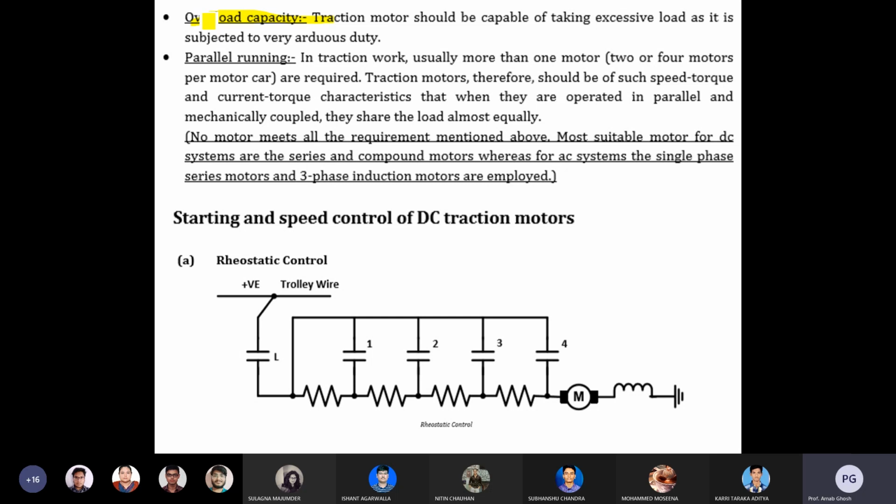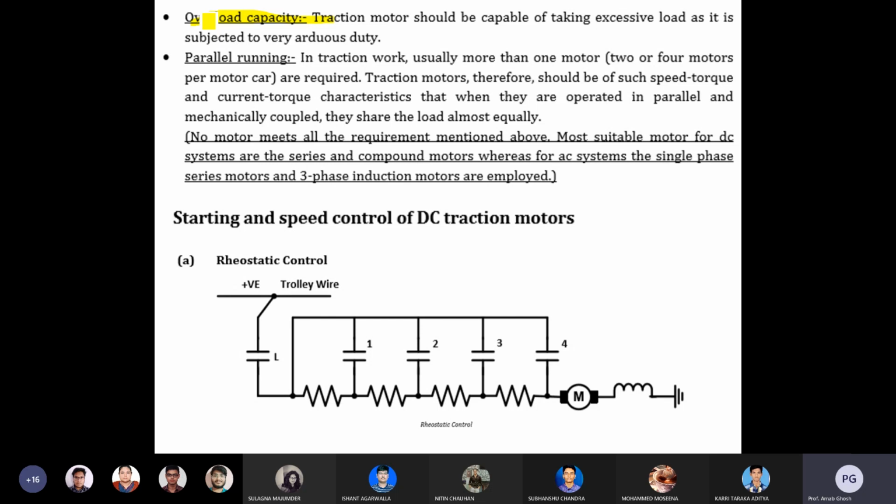When you are fabricating the machine conductors, the size of the machine, then what are the most important features of the machines: maximum speed, what type of braking is possible. There are different features, so based on the overload you have to think about it. Now the parallel running condition.